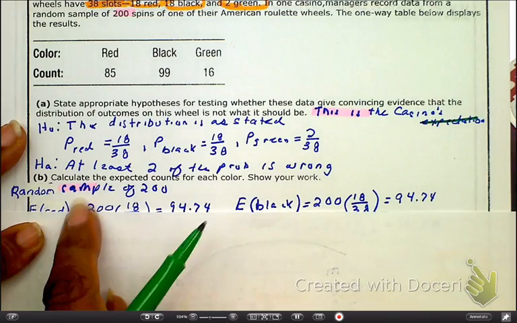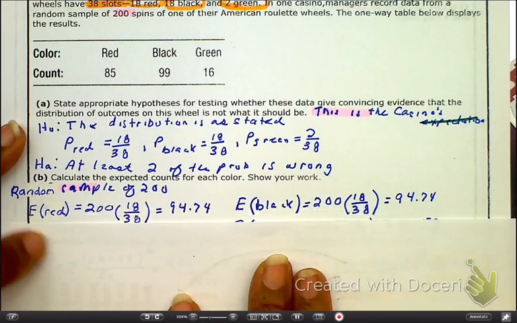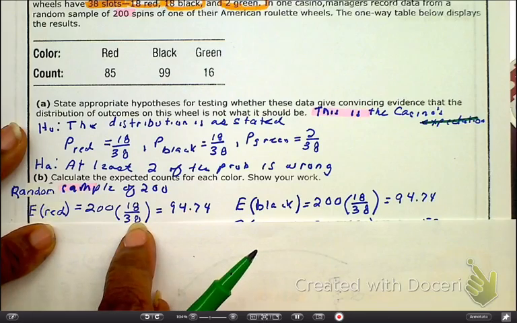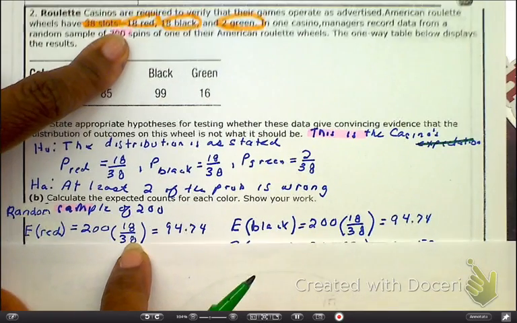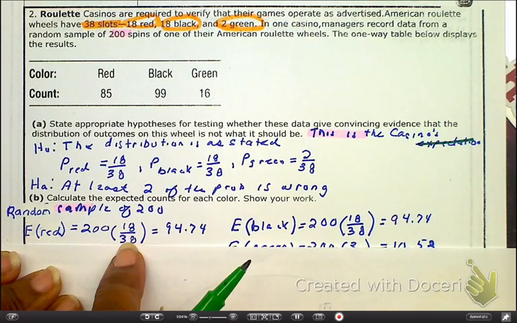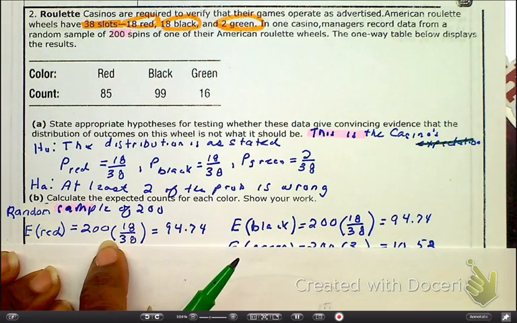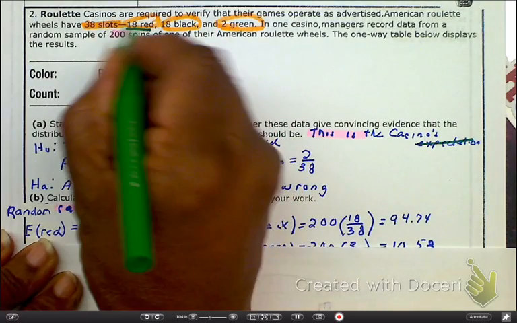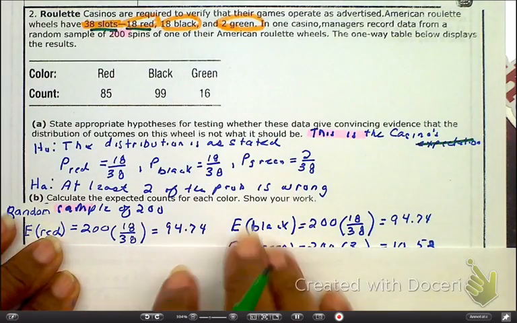Remember, you have a random sample of 200. So your expected red, if it's 18 out of 38, which is what they have up here, means your expectation is going to be whatever that percentage is times 200. Because remember, we're saying 18 out of 38 are going to be red.